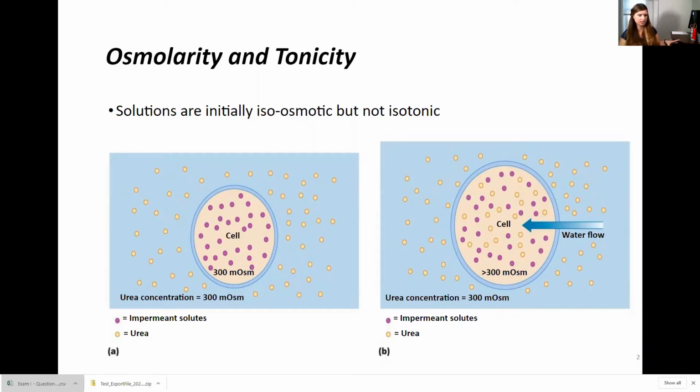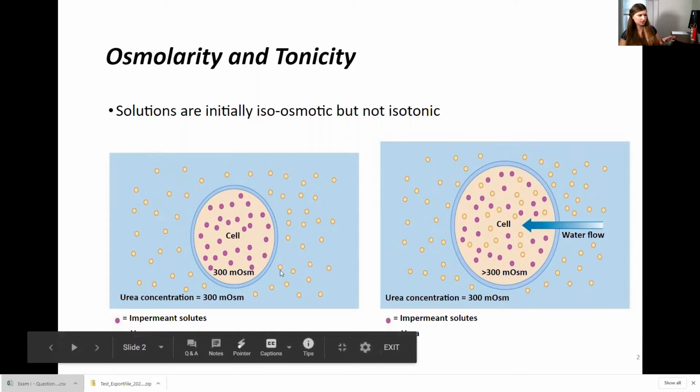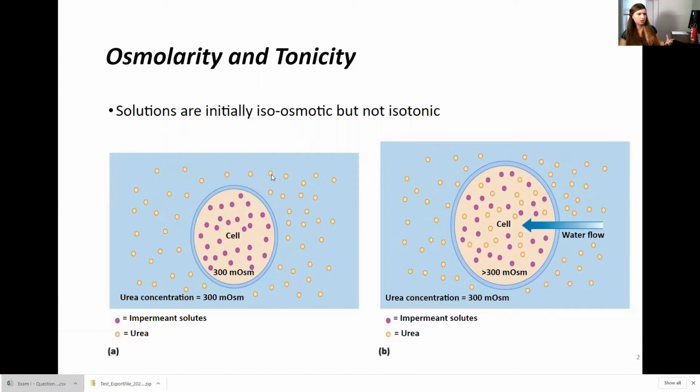So we looked at this diagram of two things that are initially isoosmotic, but this cell is not isotonic because only these purple particles are impermeant. So if we wanted to look at just the stuff that can't move across the membrane on its own, which is going to really affect the movement of water because this purple particle can't spread out across the membrane on its own.